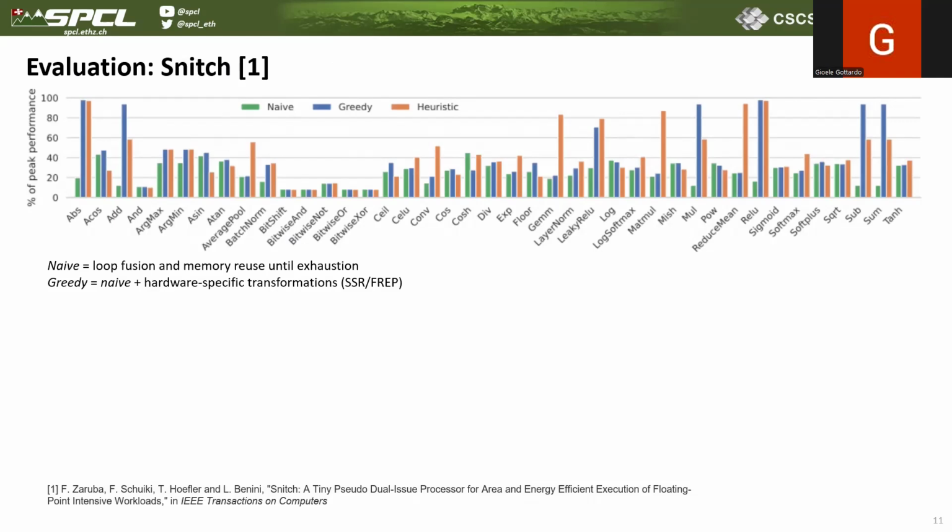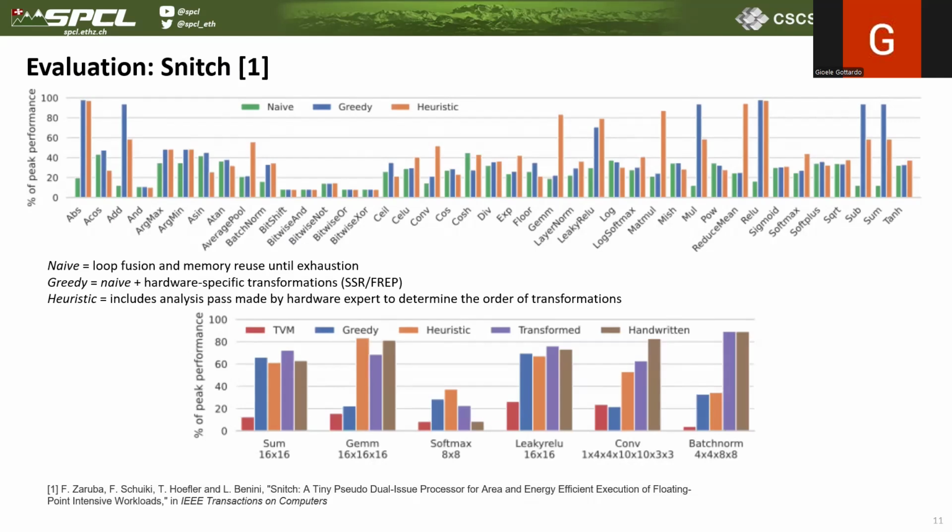And we also provide a heuristic that, knowing the architecture, will make some smarter decisions about which transformation to select. And here we show that we can implement many kernels for this novel architecture, but we also compared it with the handwritten kernels from the developers of Snitch.